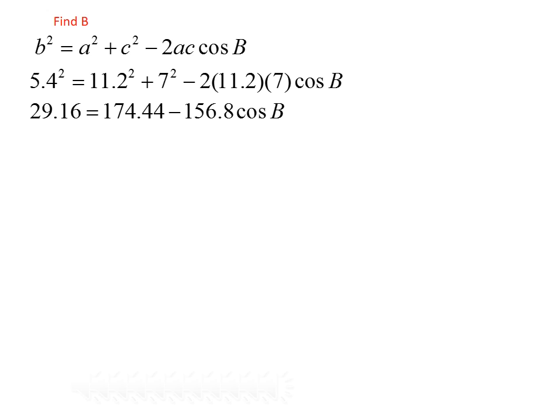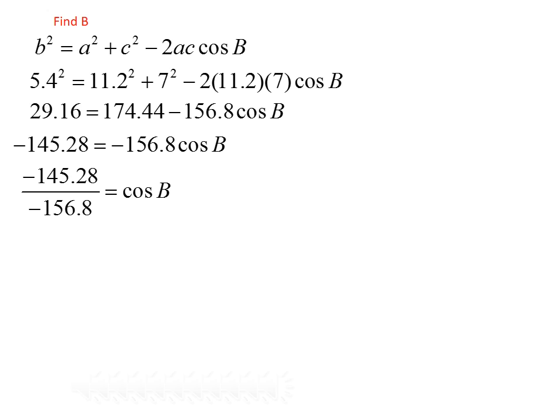If we simplify those, 5.4 squared is 29.16. 11.2 squared plus 7 squared gives us 174.44. And 2 times 11.2 times 7 will give us a minus 156.8 times the cosine of B. We subtract 174.44 from both sides of the equation, giving us negative 145.28 equals negative 156.8 cosine of B. Then we divide both sides of the equation by negative 156.8.